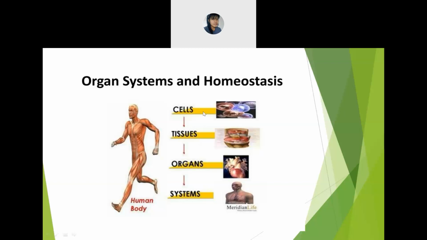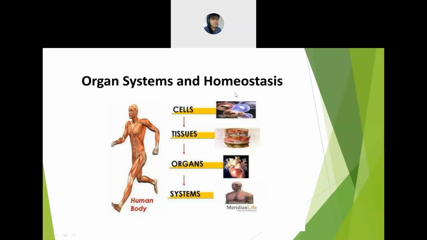Without cells, it is impossible for our body to function and work. Your body won't be able to exist without the cells. Did you understand? Yes, ma'am.